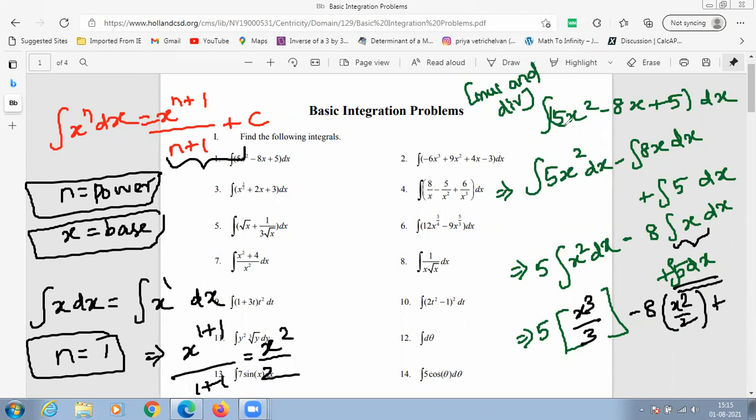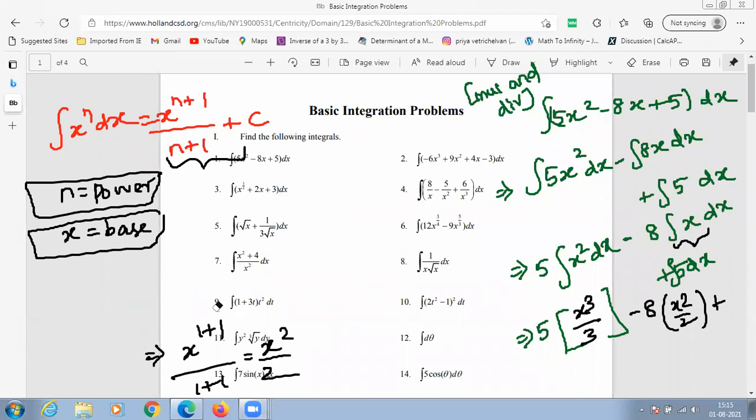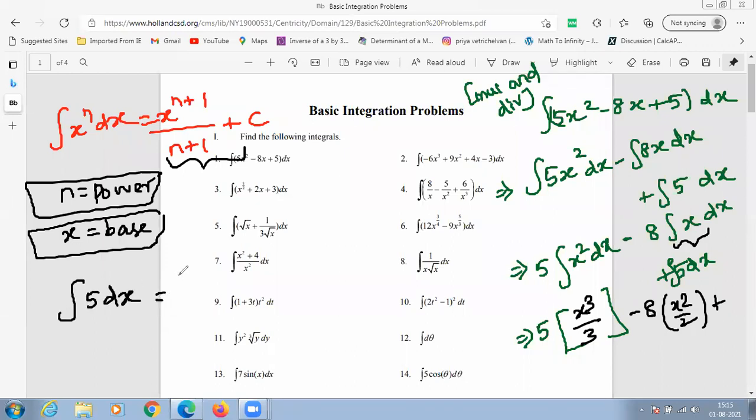And I have to integrate this 5 now. So let me do that. 5 is a constant, we don't have any variable here. So you have to write 5 as 5 into 1, and 1 can be written as x raised to the 0, x power 0, right?